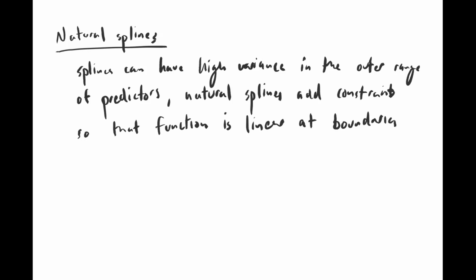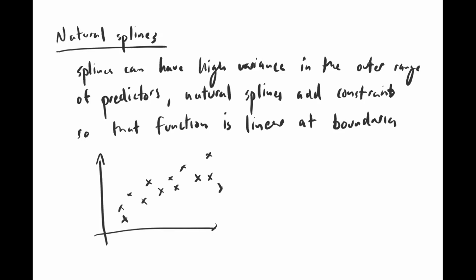Okay, and so that might look something like, if I just have some set of data, the fits themselves are going to be fairly similar, but a cubic spline may look something like this, for uncertainty in the fit, whereas a natural cubic spline will be a little bit tighter at the ends of the data.